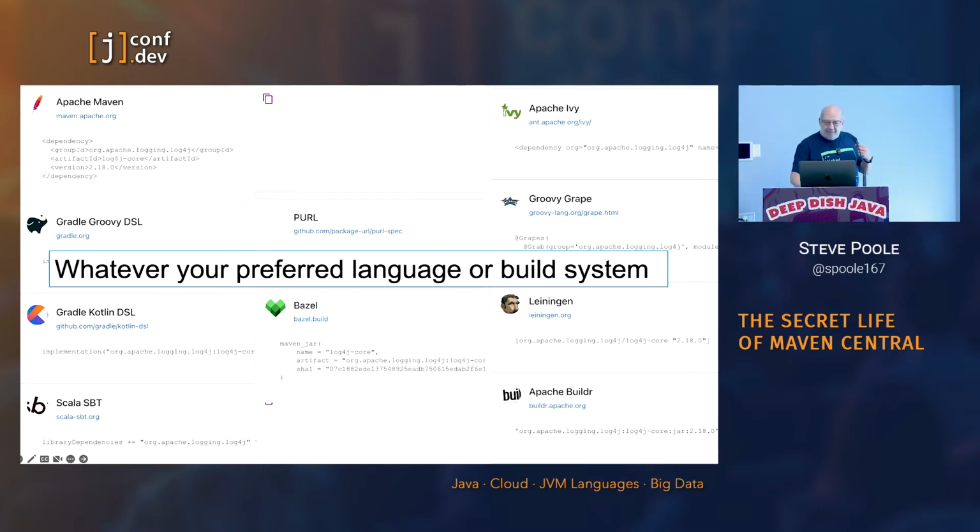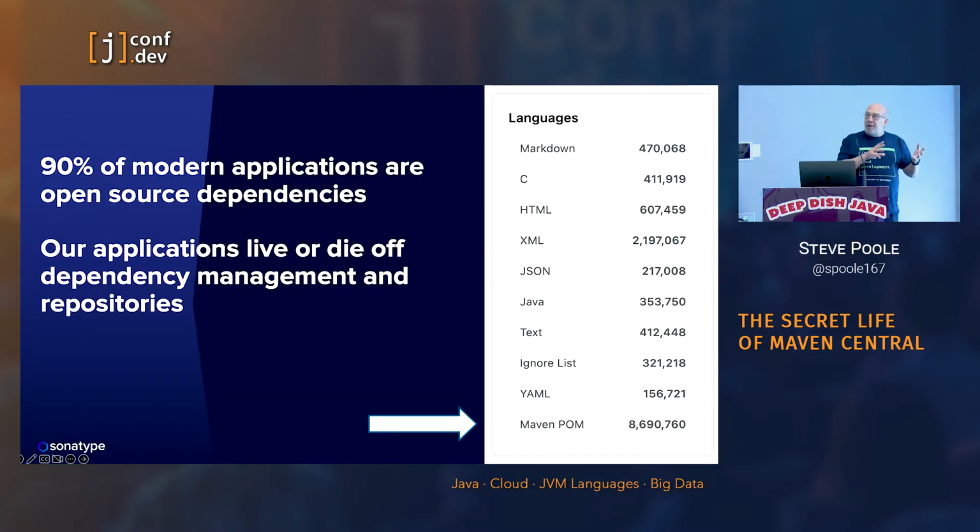Okay, so let's look at this a little differently. You're writing code, and the code that you write turns out to actually be a tiny fraction of the application that you produce, because this is why you're picking dependencies. You're picking dependencies because there's all this great stuff out there. And it turns out like 90% of a modern application is a dependency that somebody else has written.